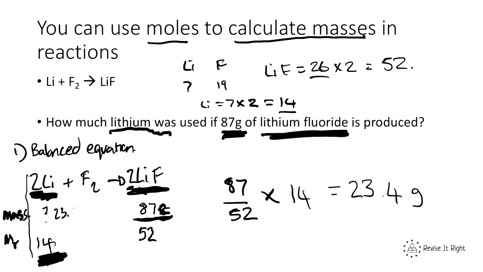Okay, what that means is that 23.4 grams of lithium was used to make 87 grams of lithium fluoride. Okay, that's what that means. So 87 grams of lithium fluoride can be produced if we have 23.4 grams of lithium.